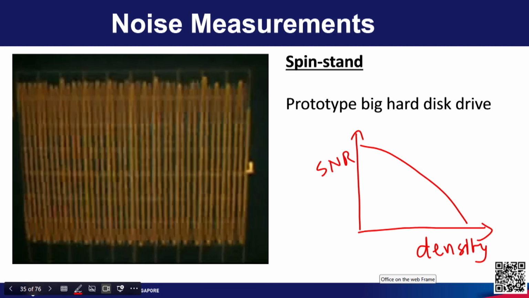As you increase density, the signal to noise ratio becomes smaller and smaller. For example, I talked about two different media, A and B. Let us say I place the media A and B in the spin stand, and I measure the signal to noise ratio as a function of density. Density means how many bits I pack in a given inch.